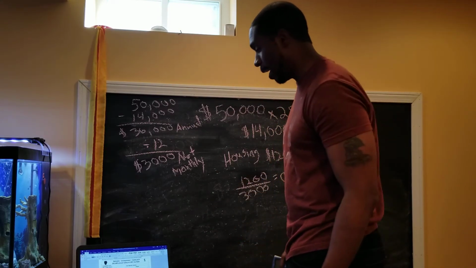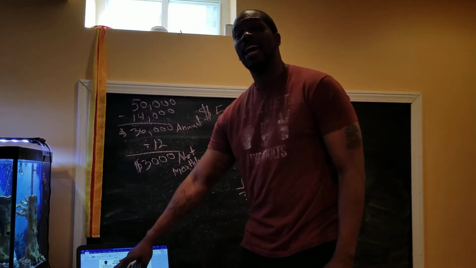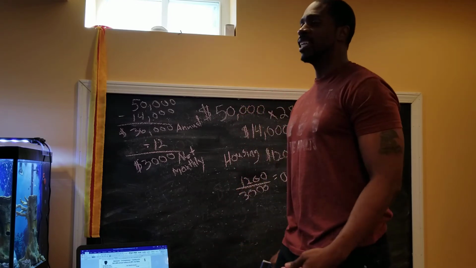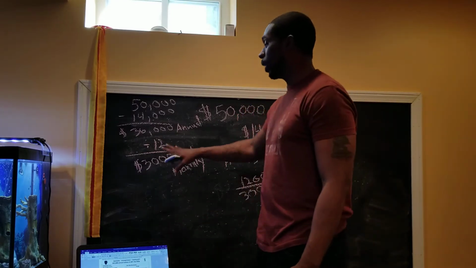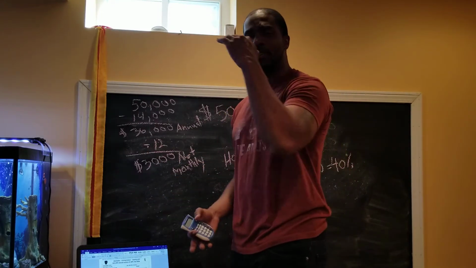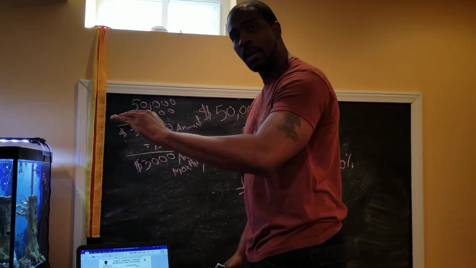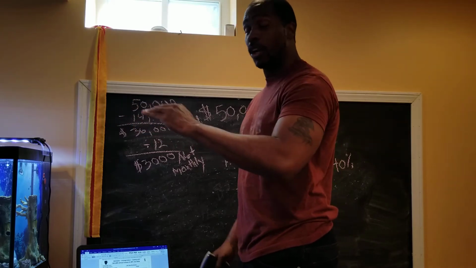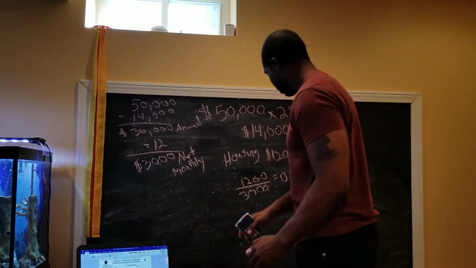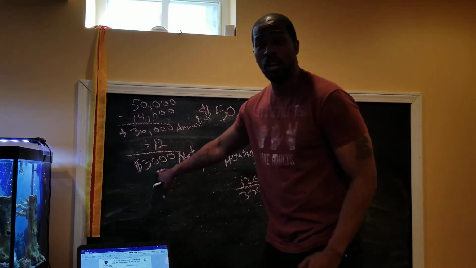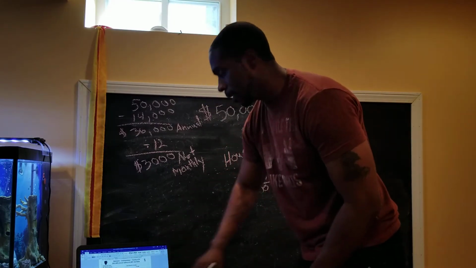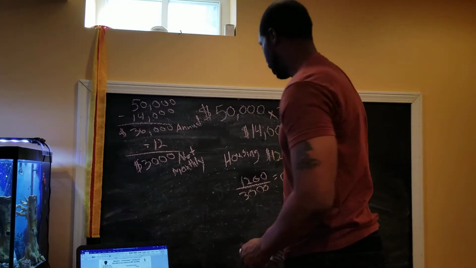Now, when I go to the left, which is the pie chart, it says projected. Projected means your budget. Before you even look at your income, you make a budget to say, okay, I have this amount of money to spend on this and this amount to spend on that, and hopefully at the end of the month, I'll have available funds. So $3,000 is my net income. Under housing, under projected, it says 30%.